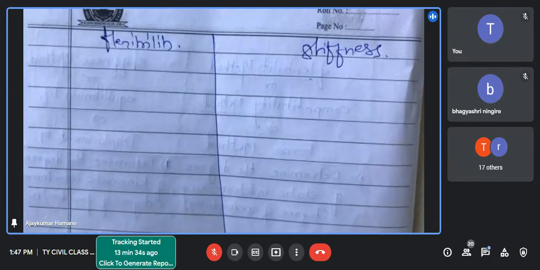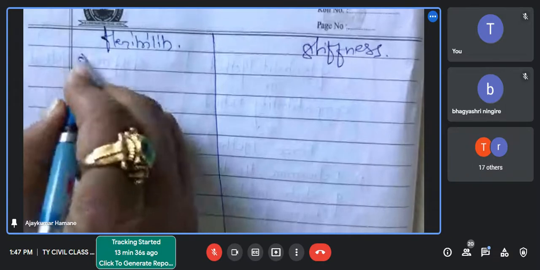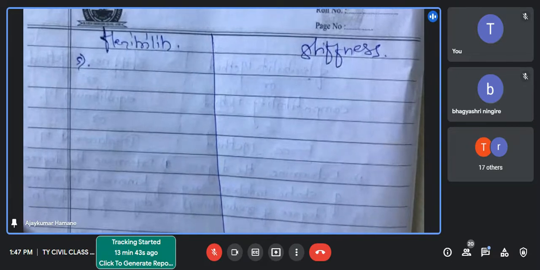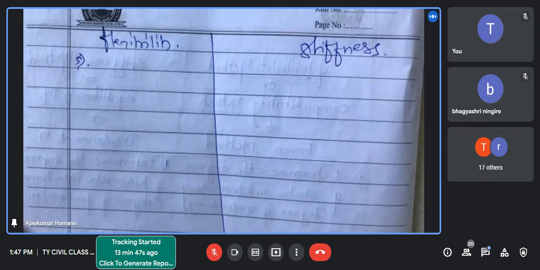Now, in flexibility, what is the next step? Fifth. In the fifth step, whatever we have removed, all the redundants to obtain the released structure, now the different part comes.